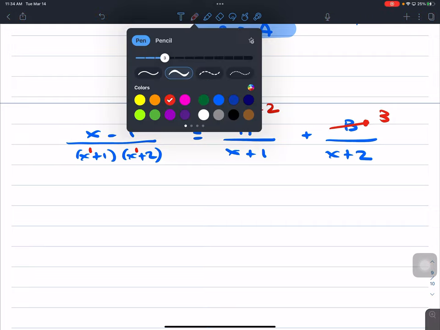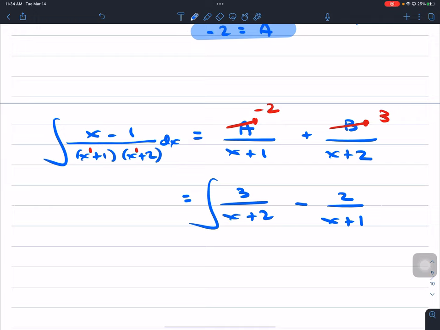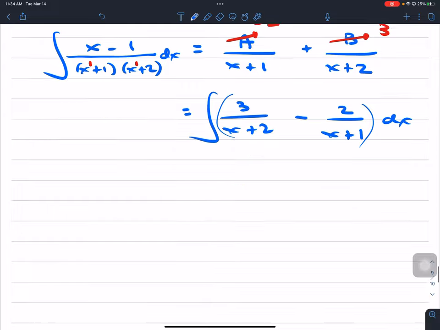What this means, I'm going to switch my order. You have 3 over x plus 2 minus 2 over x plus 1. What are you supposed to integrate? This integral on the right is easier to do. Do you guys agree with me? Yep. You say, well, what do you mean?